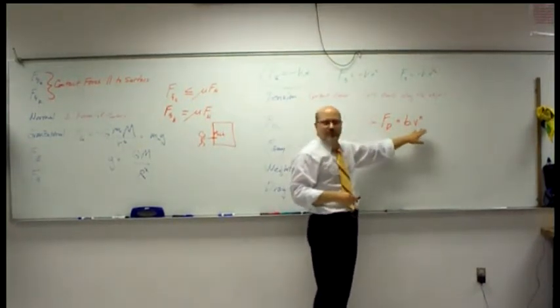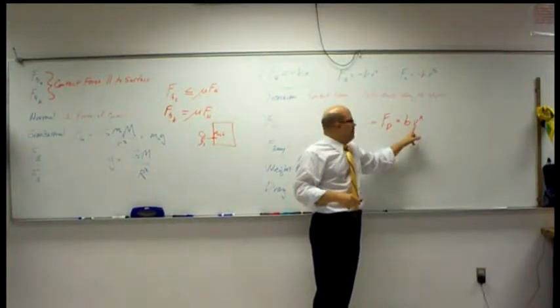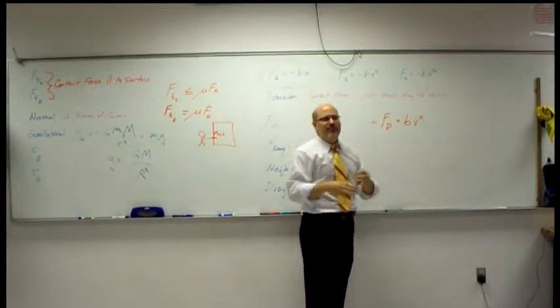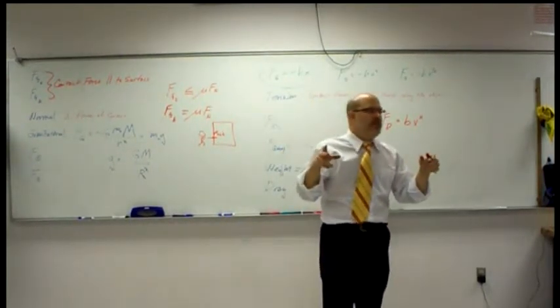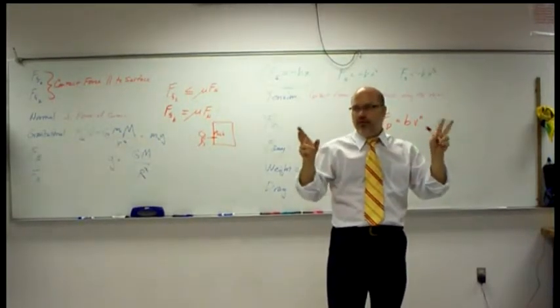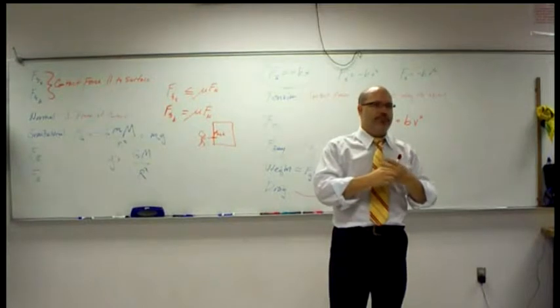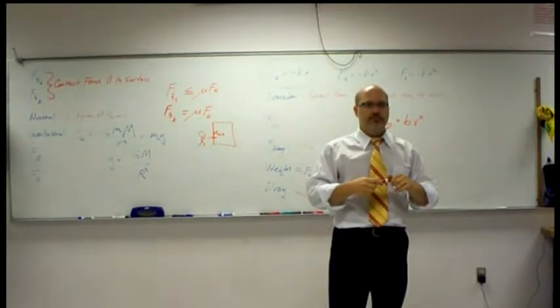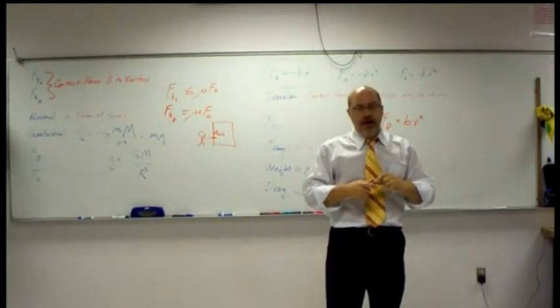The deal that makes this one so different is B is a constant. B is like your drag coefficient. It tells you how slippery you are to the air or the fluid. So it's the drag constant of the object.